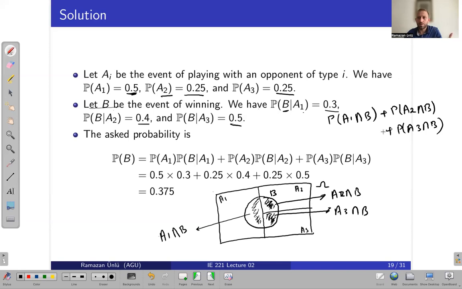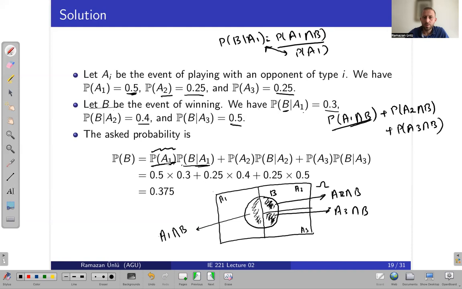And remember from the definition of conditional probability, how can I rewrite this part as simply the probability of A1 times the probability of B given A1? The definition is the probability of A1 and B over the probability of A1, and multiplication of these two terms will give us this part, which I'm looking for. I know this probability and this probability, these are given to me.